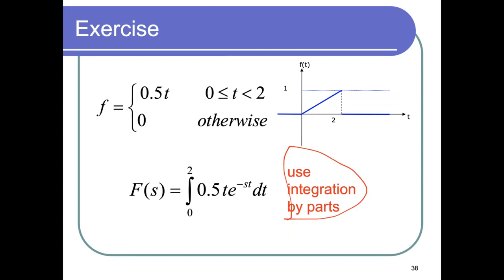Because if you look at this function, we can think about it as a summation of multiple functions. This guy is equal to a ramp here from 0 to infinity minus, let's say, another ramp that is shifted, right?